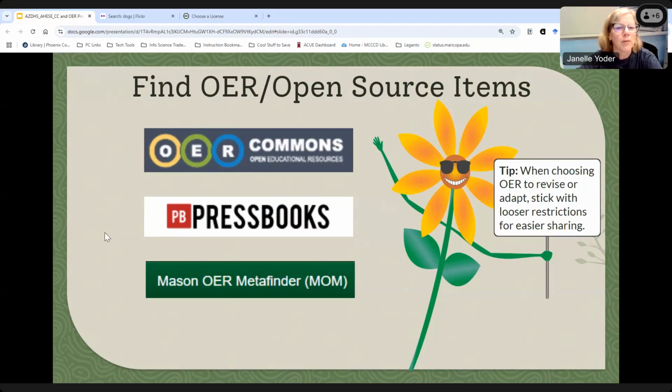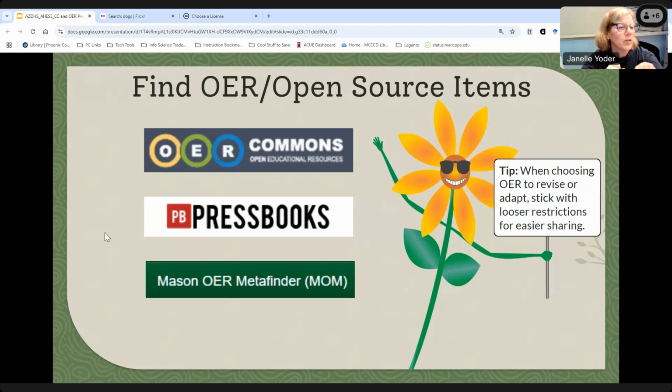You can search for specific aspects. A lot of it is full lessons or full books, but you can see how other people are using them there. Press books, I just put that on there because that's something we're using. We're creating a press book. Integrating an entire other press book probably doesn't make a whole lot of sense.